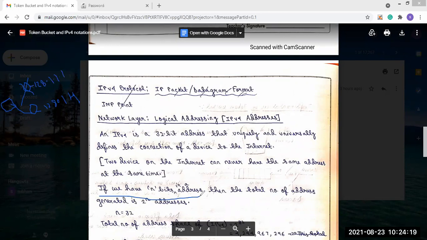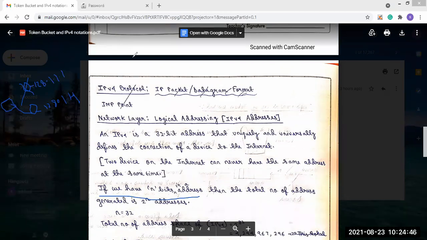This is the concept: if n bits are present in the address, then the total number of addresses generated will be 2 to the power n. So what is IPv4?